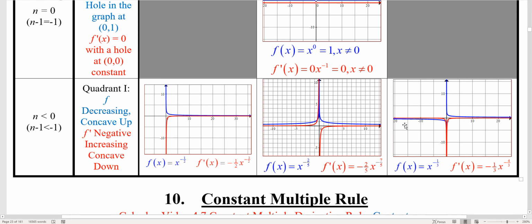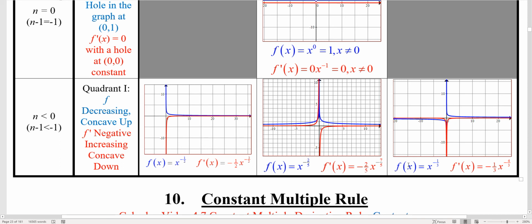But we still have the symmetry things that we have over here. So here, the original function is in quadrant 1 only, the derivative is in quadrant 4 only. Here, the original is in quadrants 1 and 2, has y-axis symmetry. The derivative is in quadrants 4 and 3, again having origin symmetry. Here, the original function is in quadrants 1 and 3, having origin symmetry, and its derivative is in quadrants 2 and 4.